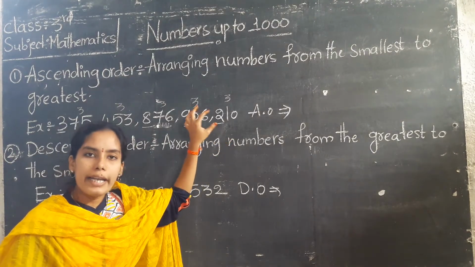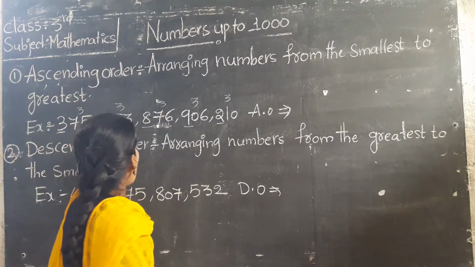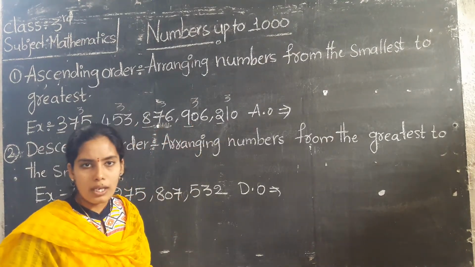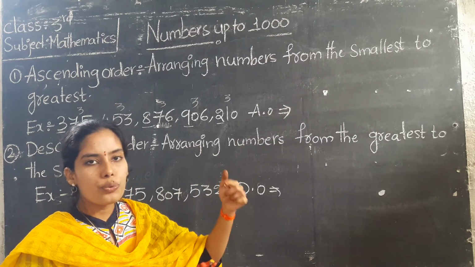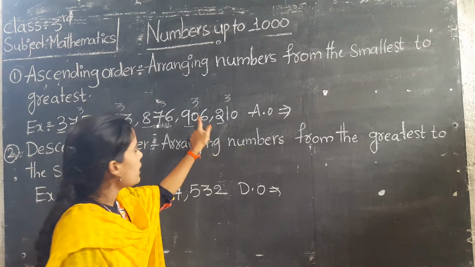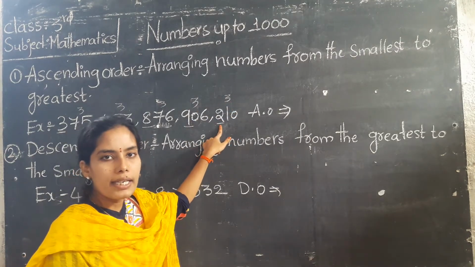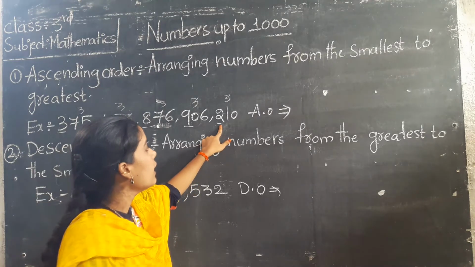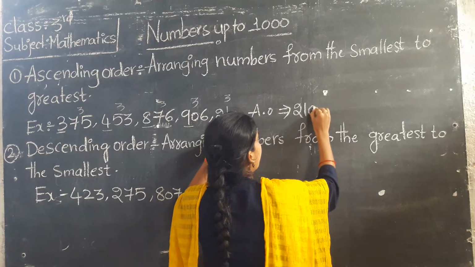That is the greatest place value of the number. Among these digits, which is smallest? 1, 2, 3, 4. Yes? 2 came first. So where is 2? In the last number, 210. 210 is the smallest number.